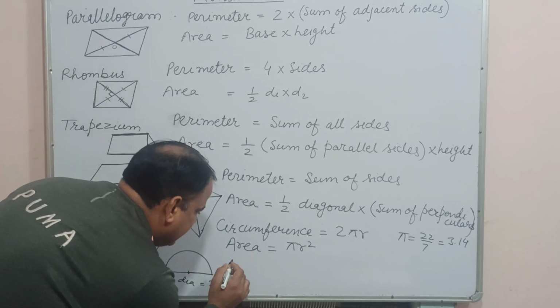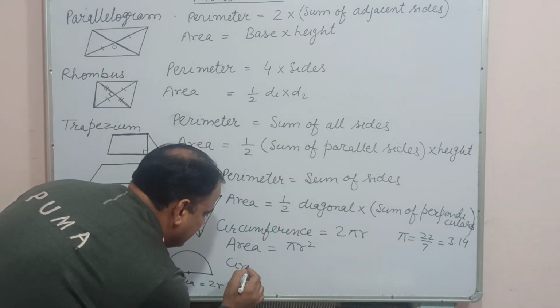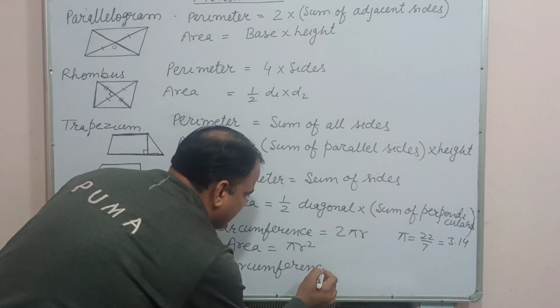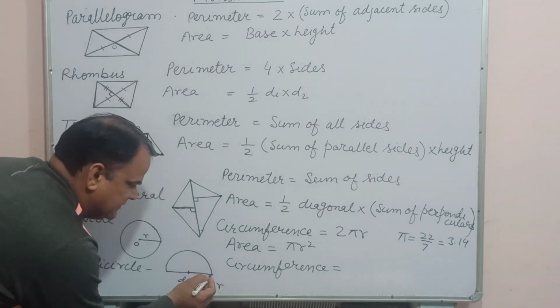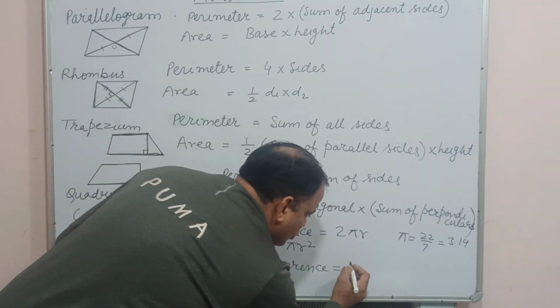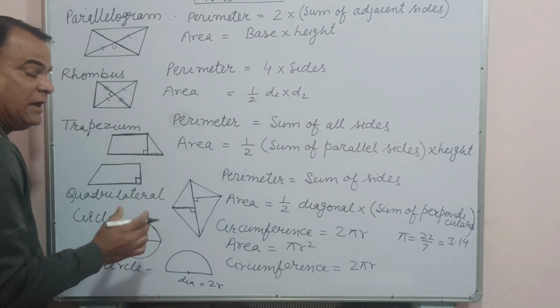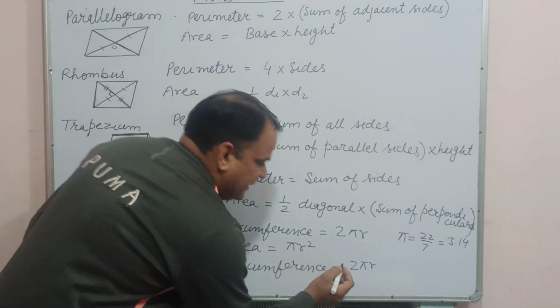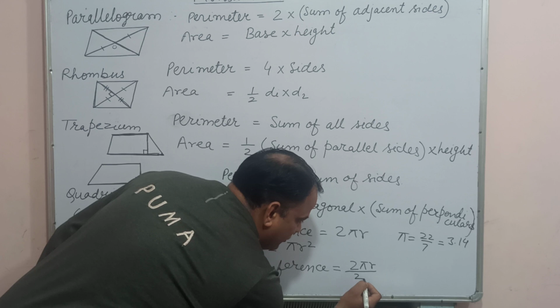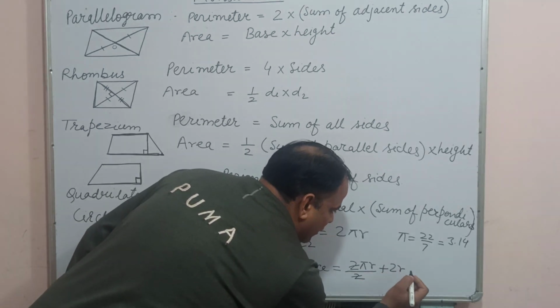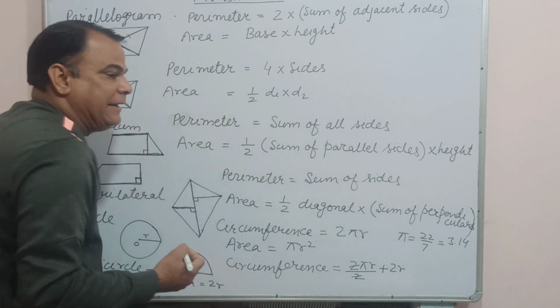So we can say that the total circumference of a circle is 2 pi r, but we have to take half of the circumference. It means 2 pi r upon 2, that is pi r, plus 2r, or the diameter d.